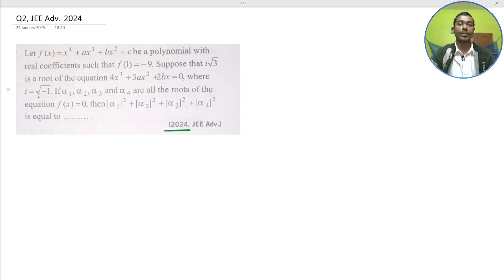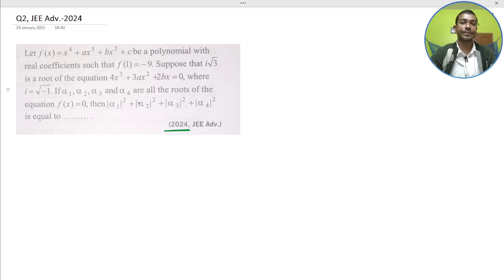If alpha 1, alpha 2, alpha 3 and alpha 4 are the roots of the equation f(x) = 0, then |alpha 1|^2 + |alpha 2|^2 + |alpha 3|^2 + |alpha 4|^2 is equal to what? We discussed in the chapter's nutshell summary class the cubic and biquadratic equations of degree 3 or 4. So we apply that here.